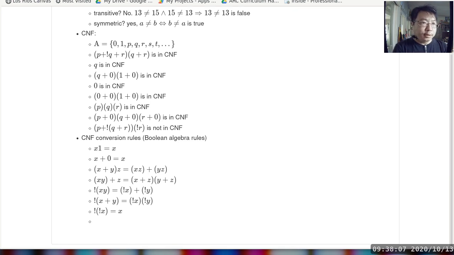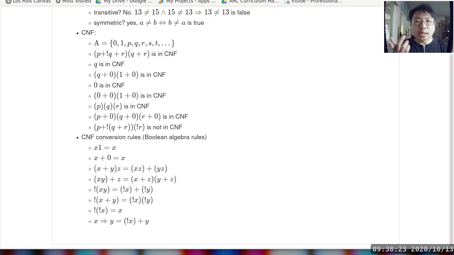Oh, we have implication. Okay, so x implies y is the same thing as not x or y. That's basically how implication is really defined. It is the negation of the antecedent or the consequent.